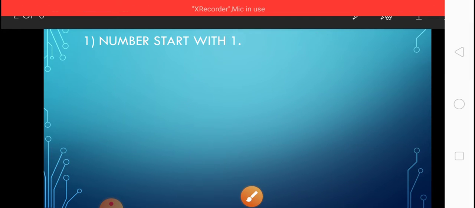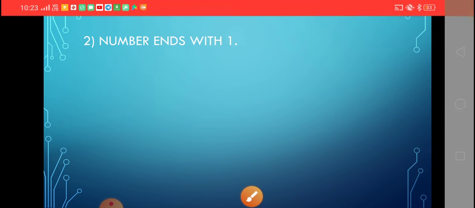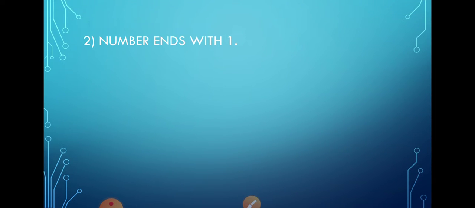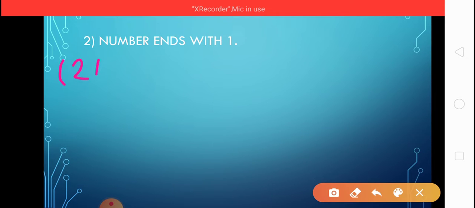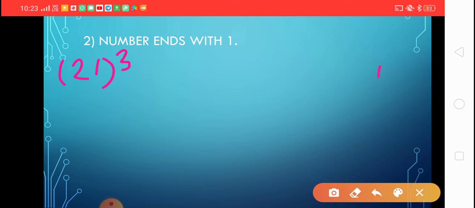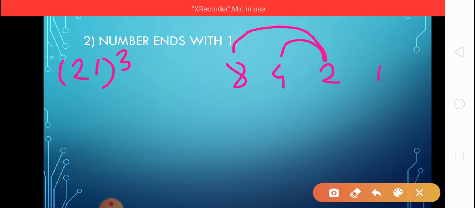So let's move to our second case, that is the number ending with 1. We have to do the same thing here. Suppose the number is 21. In this case, we have to go in a backward direction. We write the number like this, 1, 2, similarly the square, that is 4, again the cube, that is 8.